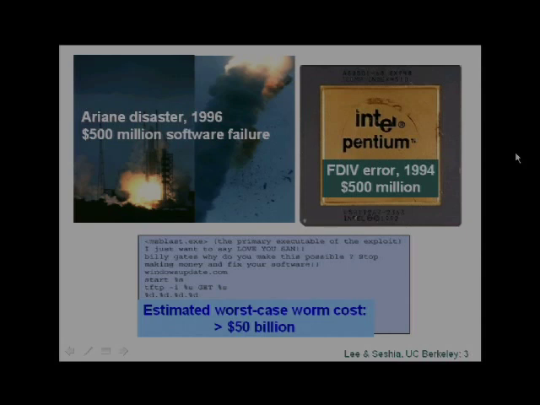So the first one up there on the top left is an example of a rocket failure in the Ariane program in France. In 1996, the Ariane rocket took off, and midway during the launch, it just exploded. Right? Does anyone know what happened? What was the cause for this failure?